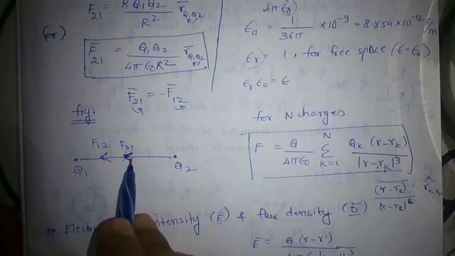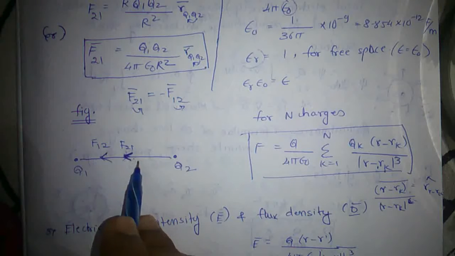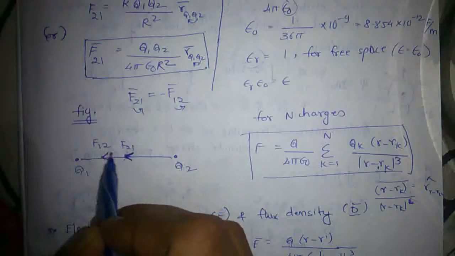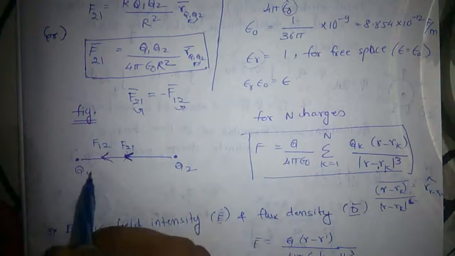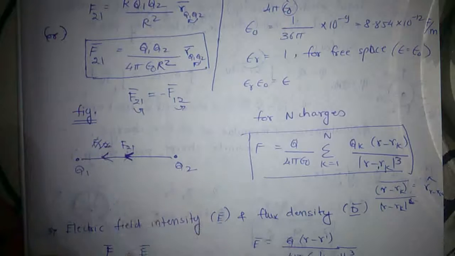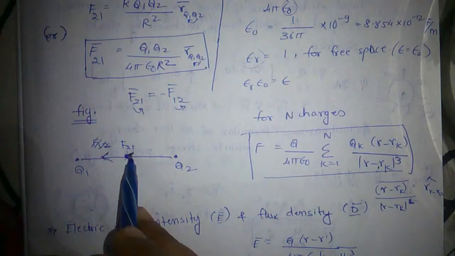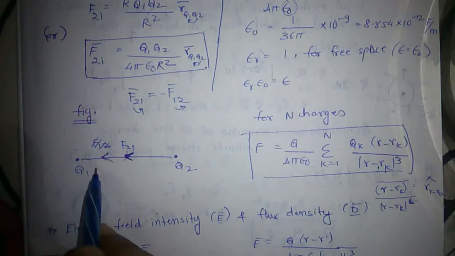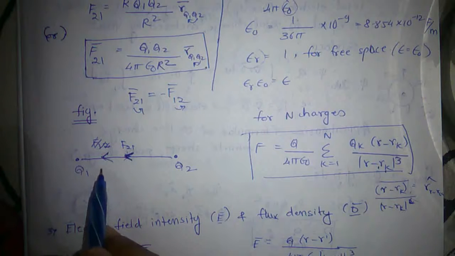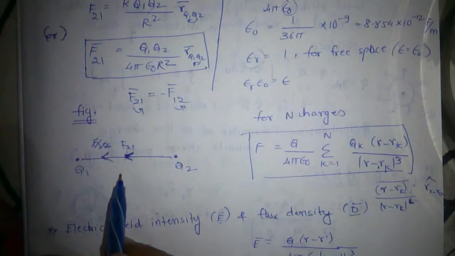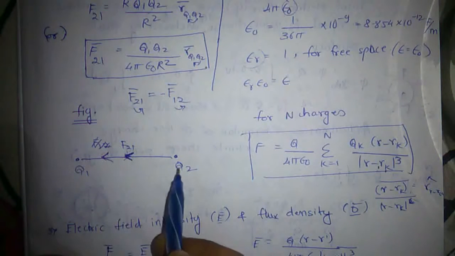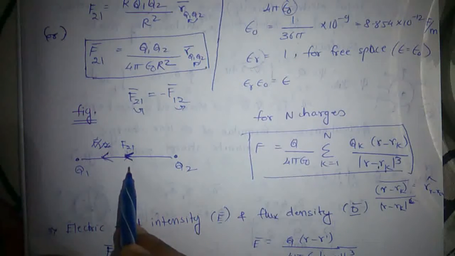So, F21 is nothing but the force exerted by the charge Q2 on Q1. The force exerted by charge Q2 on Q1 is nothing but F21. Right? And the direction of this force is nothing but from Q2 to Q1.